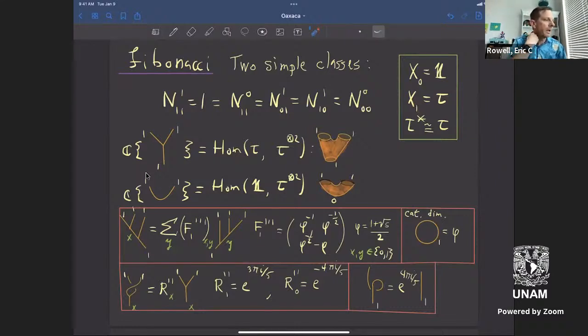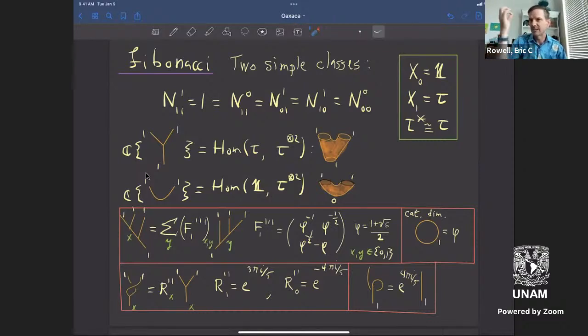And you can also look at Hom from the trivial object, monoidal unit, to 2 copies of tau. This is the picture we would look at here. And the reason that there's no circle here is anytime you have a boundary component or an object labeled by the monoidal unit, you can just ignore it, essentially.